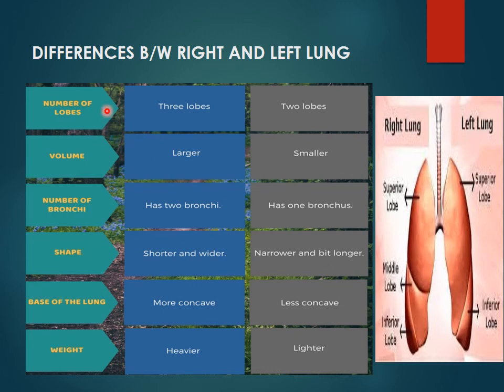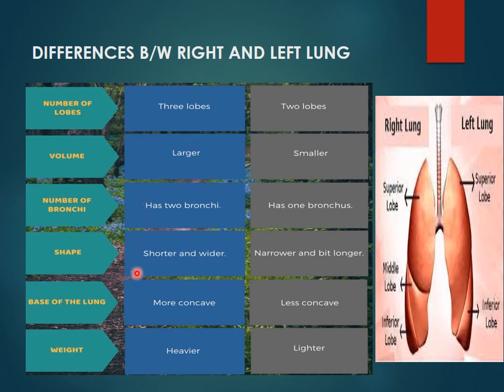Now we will summarize the major differences between right and left lung. We will differentiate them on the basis of the number of lobes, volume, number of bronchi, shape, base of lung, and weight. In the right lung, there are three lobes. It is larger in volume than the left lung. It has two bronchi.